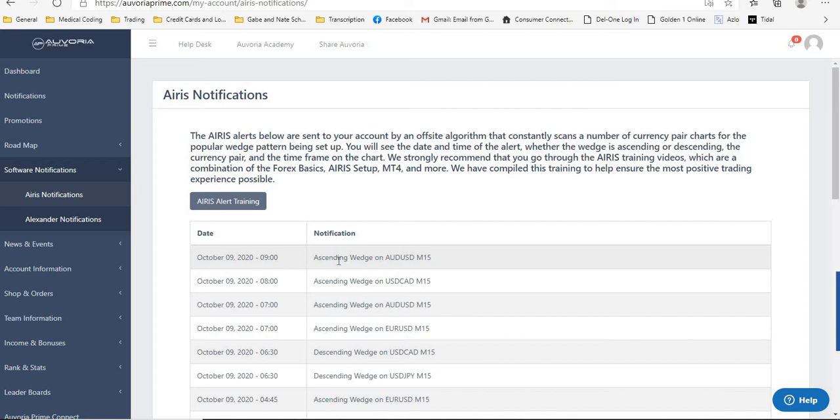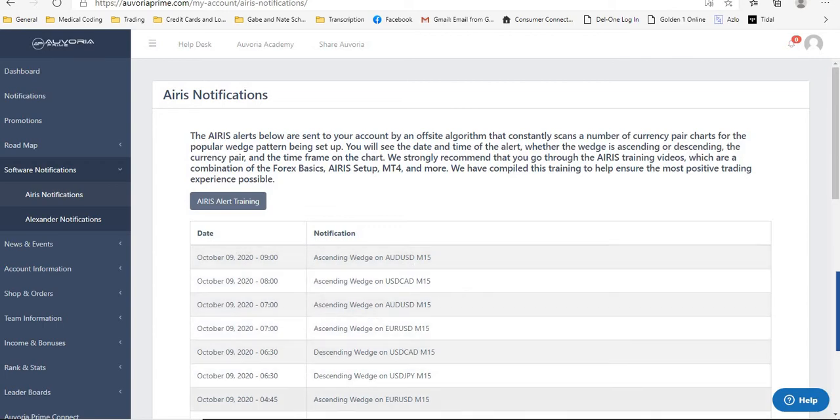You could draw wedges through a chart no matter what. But these AIRIS alerts are notifying you of these prime opportunity wedge breakouts. So instead of you drawing wedges, you just get this alert, draw your line, and keep it moving. Wait for the breakout, take the trade. So that's how that goes.